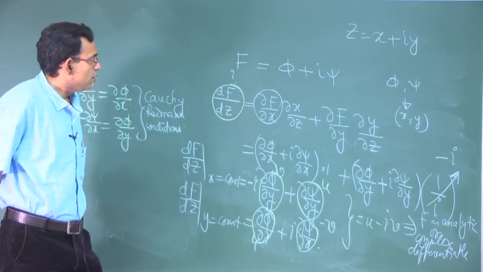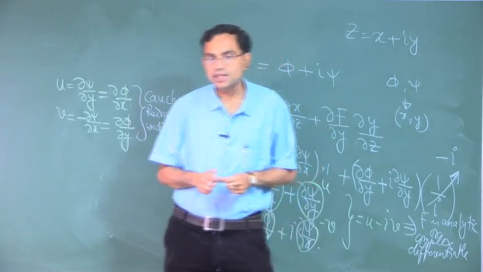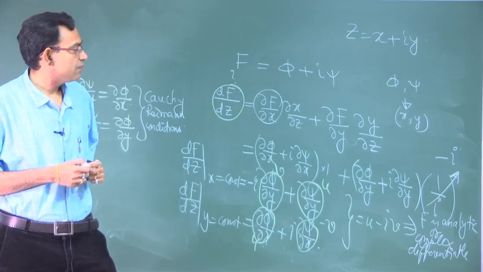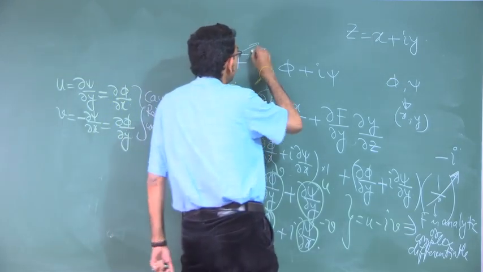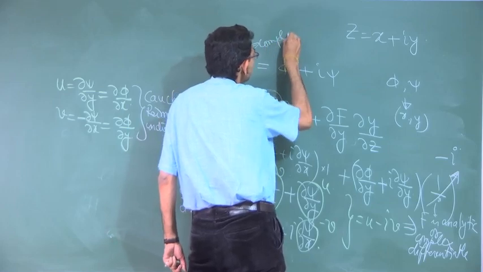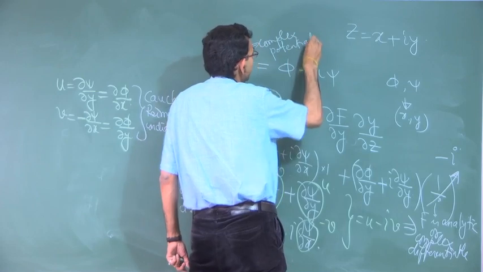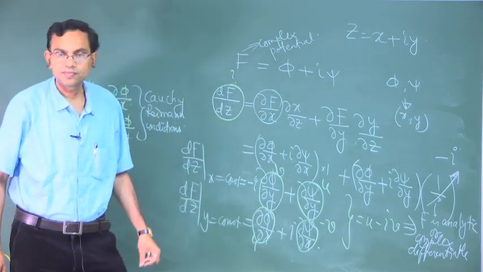Okay. So, to sum it up, we have today discussed the importance of potential flow and we have introduced the way of defining a complex potential whose real part is the velocity potential and the imaginary part is the stream function.